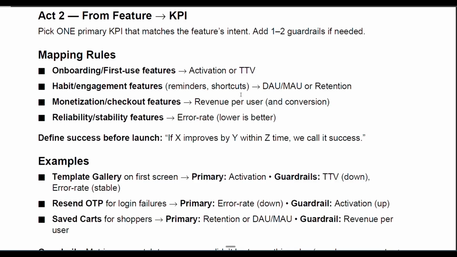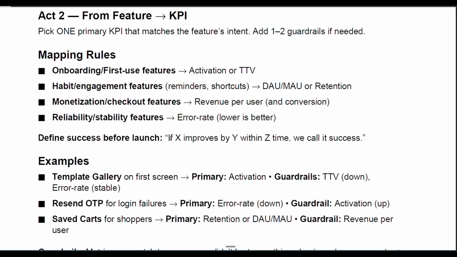If, say, daily active users increases by 30% within 3 months' time, we call it a success. Something simple like that. Or say if RPU increases by 20% or 30% within 2 months' time, we call it success.